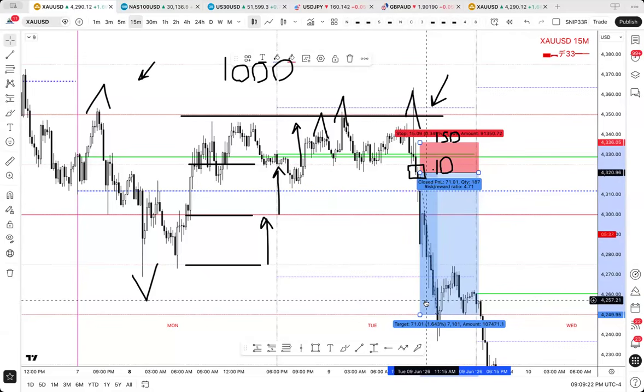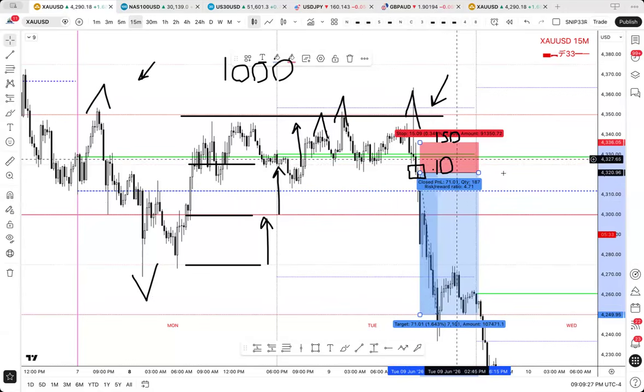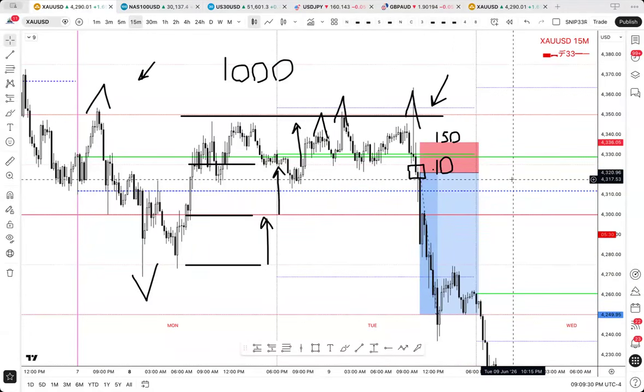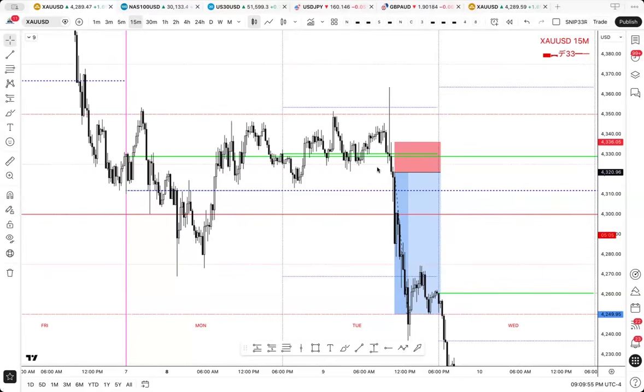Let me just pull out my calculator for just a second. 700 pips. So a point 10, little does everyone know, is actually $1 per point. So if I'm risking $150 to make 700, and mind you, I am on a $1,000 account, I just went from 1,000 to 1,700 in one trade.